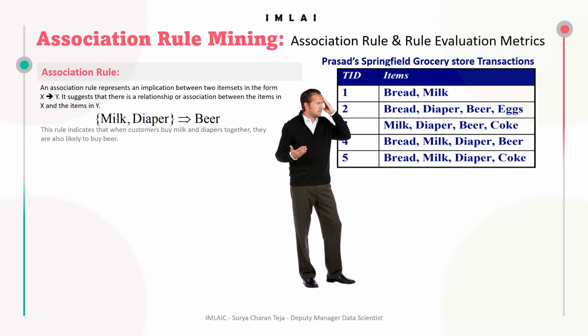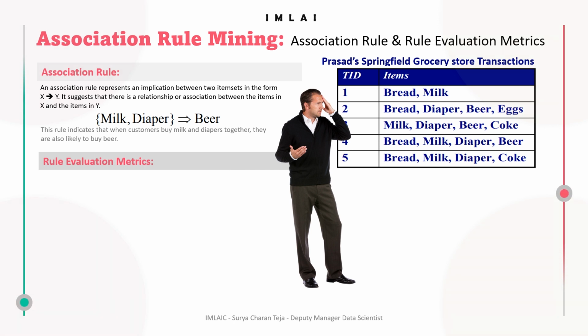To decide and evaluate the significance of the association rule, we need to understand, not only we, even Prasad needs to understand, some rule evaluation metrics. And that's what Prasad is going to do now. He's going to understand rule evaluation metrics.